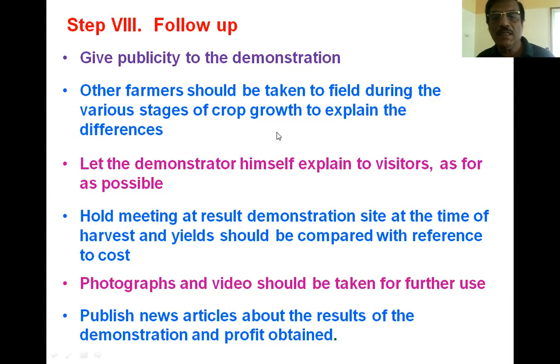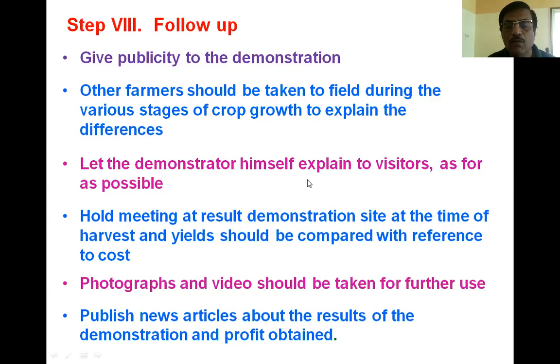So at what stages can we critically compare both the existing variety and the improved variety? Stages of crop growth to explain the differences, for example, vegetative growth stage, flowering stage, pod formation stage, and harvesting stage. Let the demonstrator himself explain to the visitors.